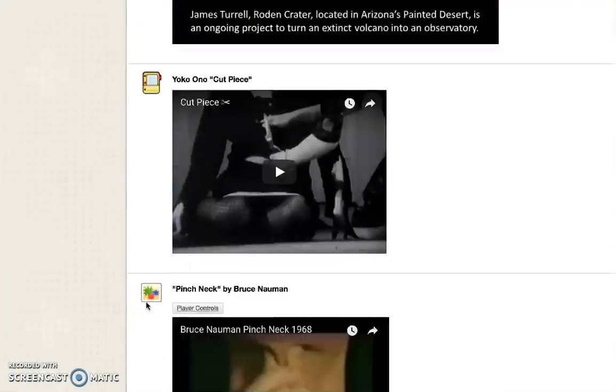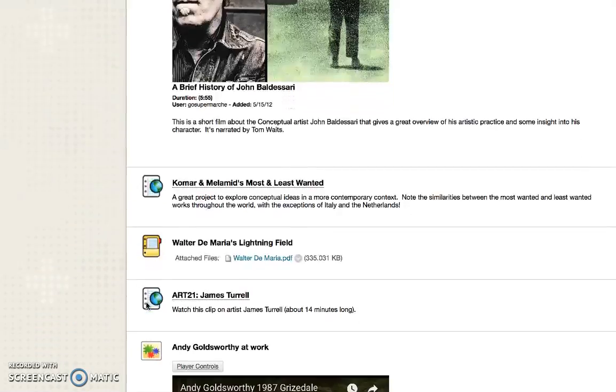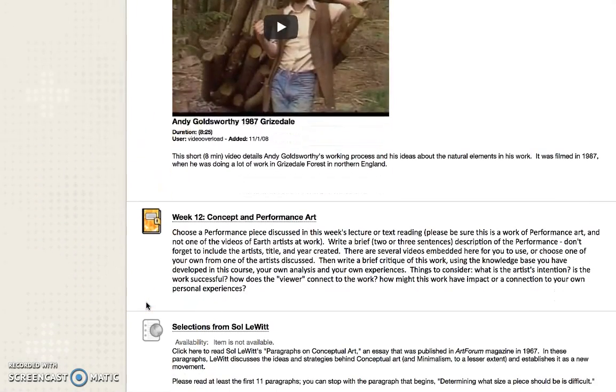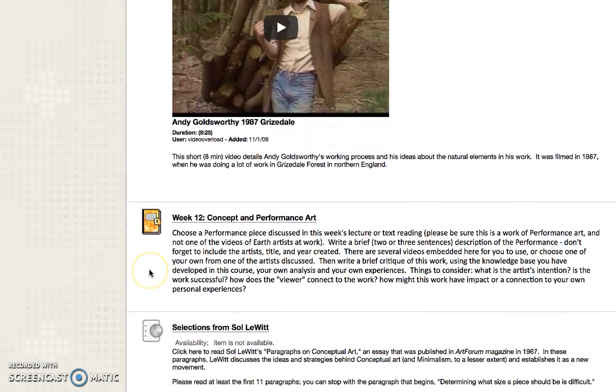For the journal, I'm going to read you the prompt. The idea is to choose a performance piece discussed in this week's lecture or text reading. Write a brief description of 2 or 3 sentences, and don't forget to include the artist, the title, and the year it was created.